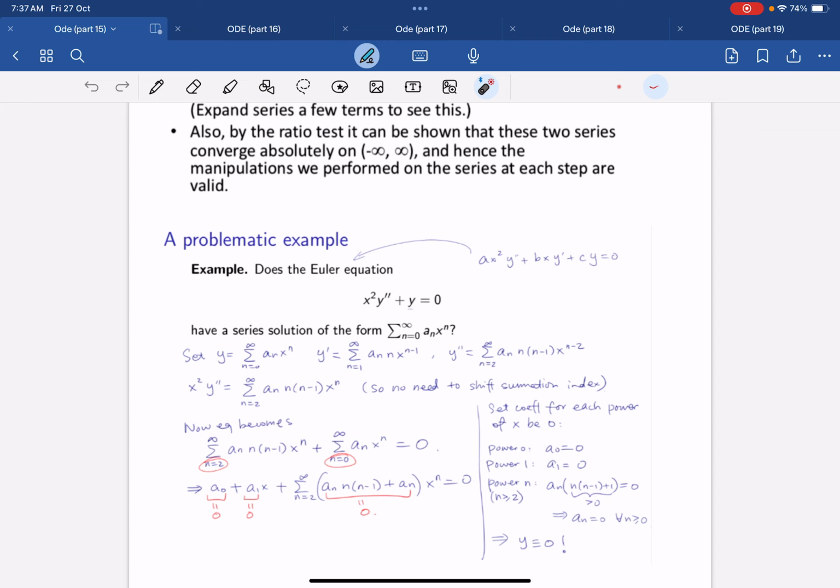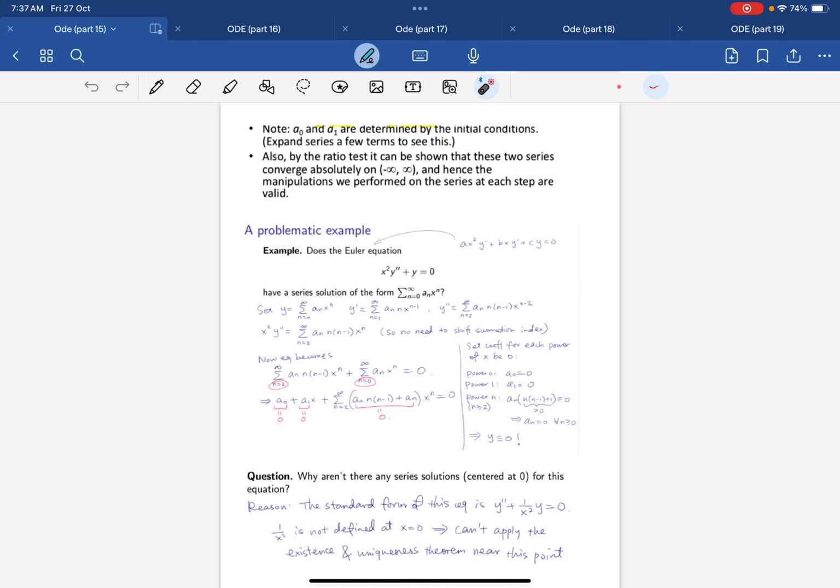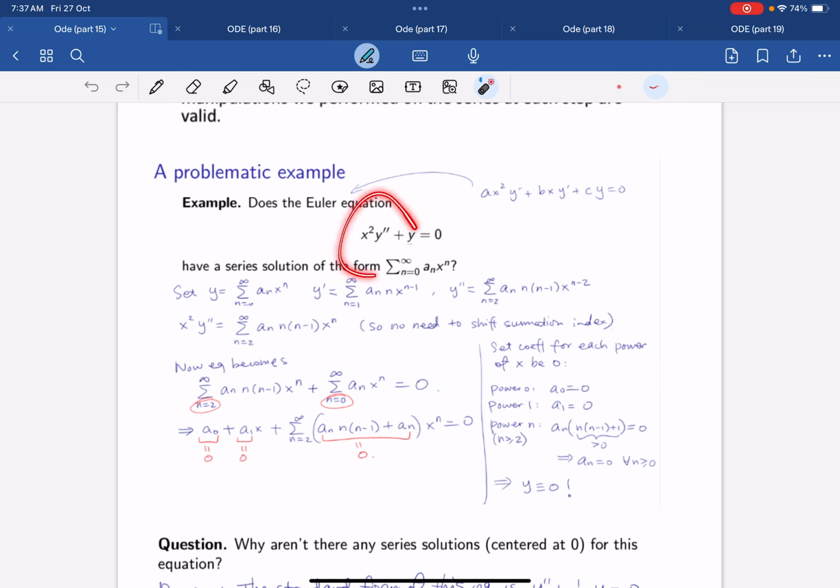So the problem comes in when it is not possible to have a series solution. We can take a look at this equation known as Euler's equation, and the question is, does it even have a series solution of this form?